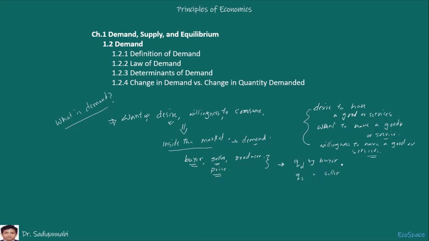Okay, and there is a price for that. So if these three items are there, we can call want, desire, willingness to consume, etc. as demand. So demand is something like having quantity demanded and price, if we call it in a simple way.